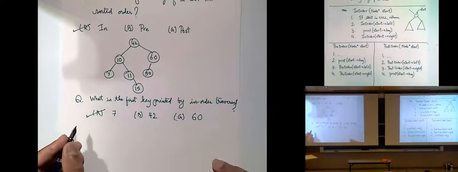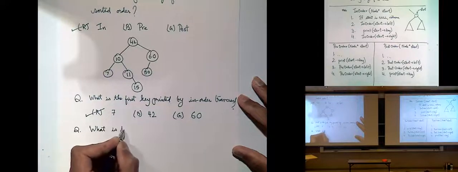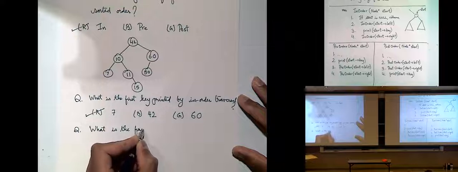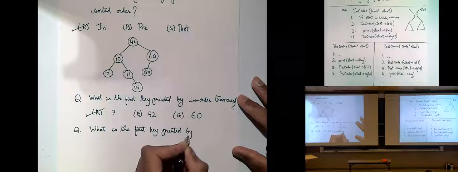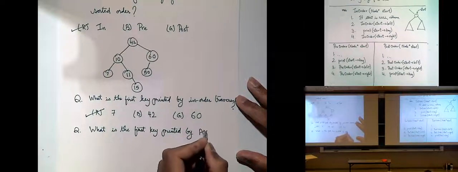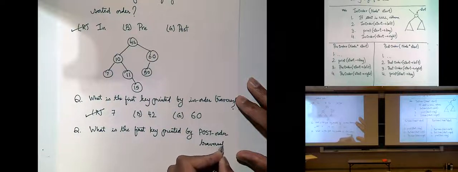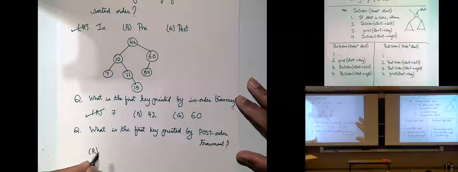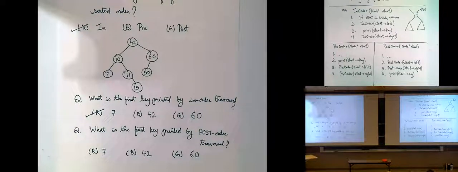Okay, now, question. What is the first key printed by the postorder traversal? Same options. I'll give you a minute. What is the first key printed of a post-order traversal of the above tree?